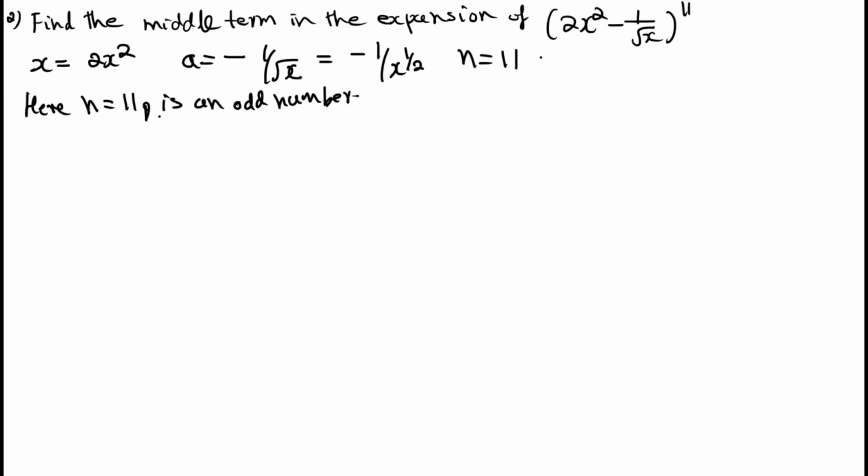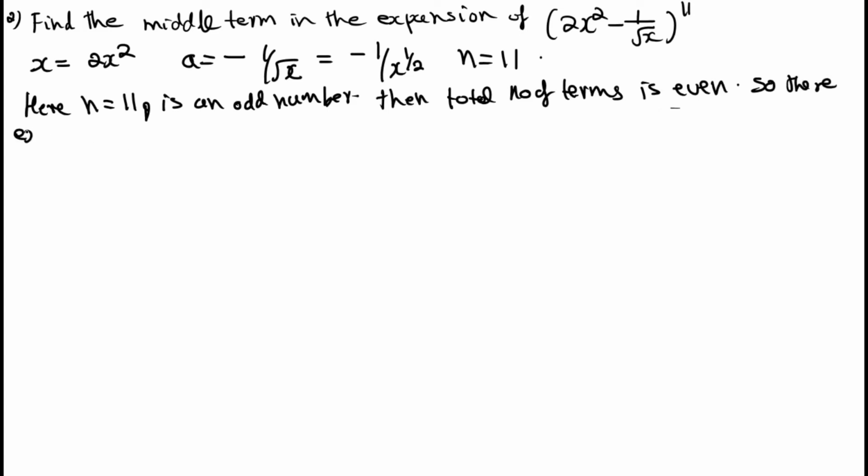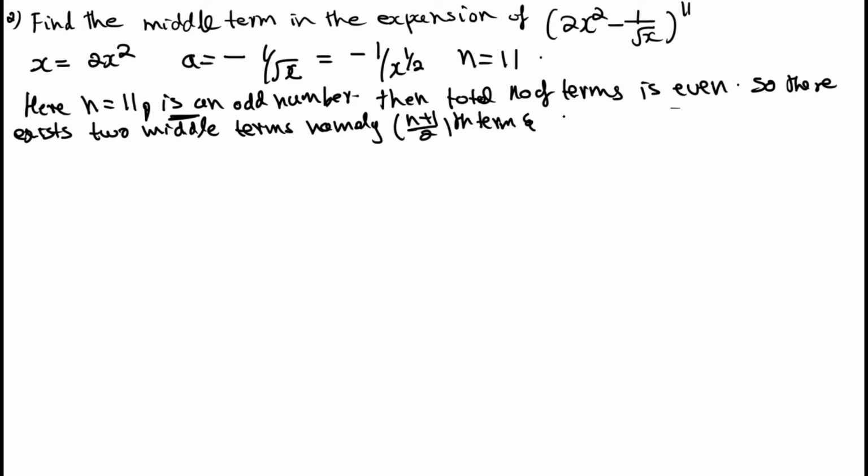Okay, the index is odd. Then the total number of terms is even. If the total number of terms is even, how many middle terms exist? Index is odd means two middle terms, right? There exist two middle terms, namely the (n plus 1) by 2th term and the (n plus 3) by 2th term.